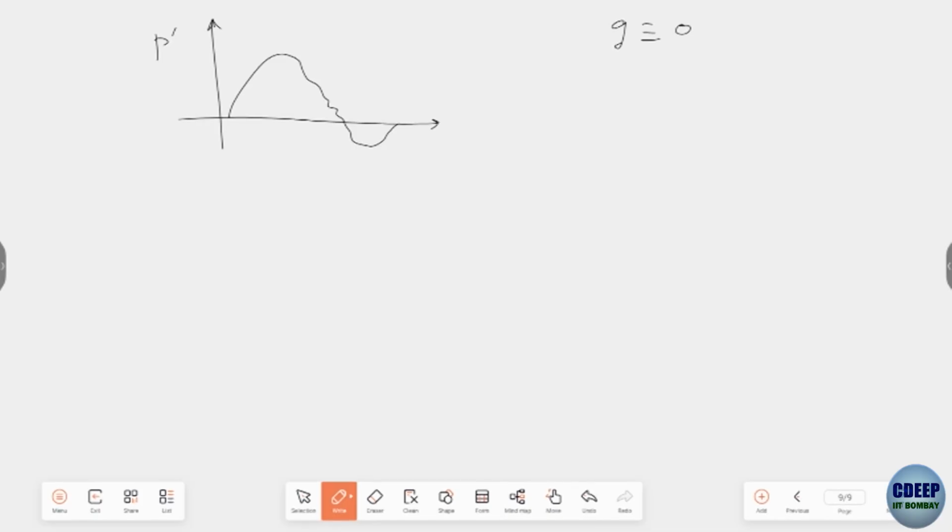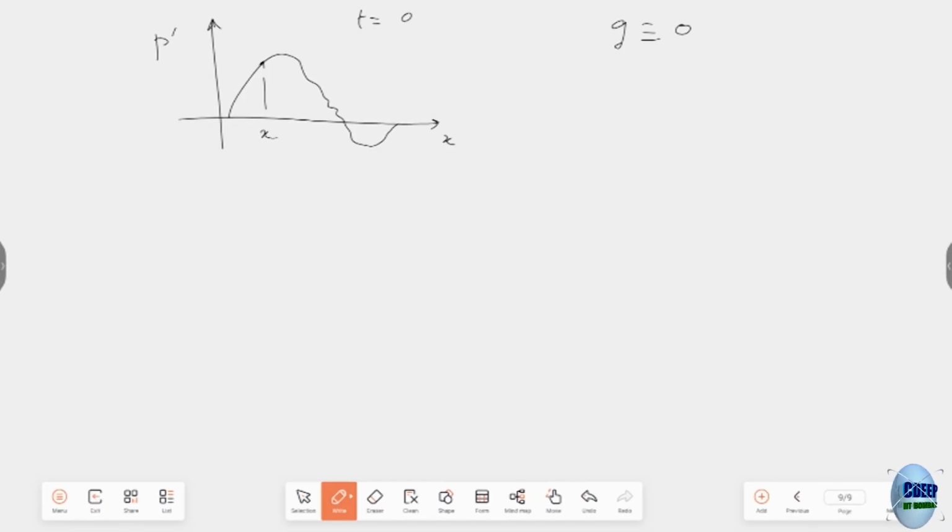If this is the form, then what we are assured of is this. Let's take the value of this function at a particular time. I'll take this as x. Let's take the particular value of p prime at t equal to 0.